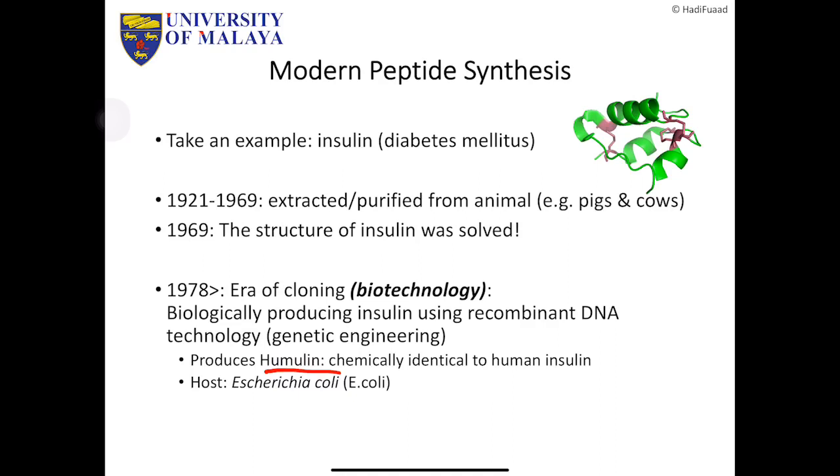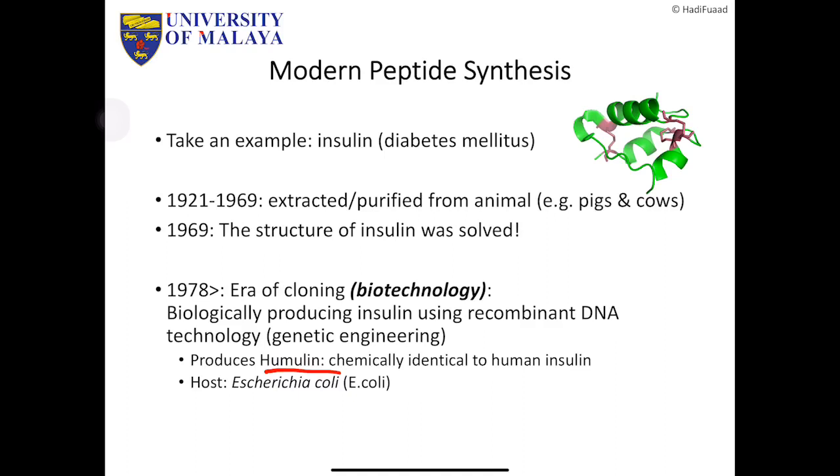Bacteria grow very quickly. Comparing that to chemical synthesis, which might take a week to produce something very big, if you establish a biotechnology system, you can produce it in a very short time, with far greater yield.